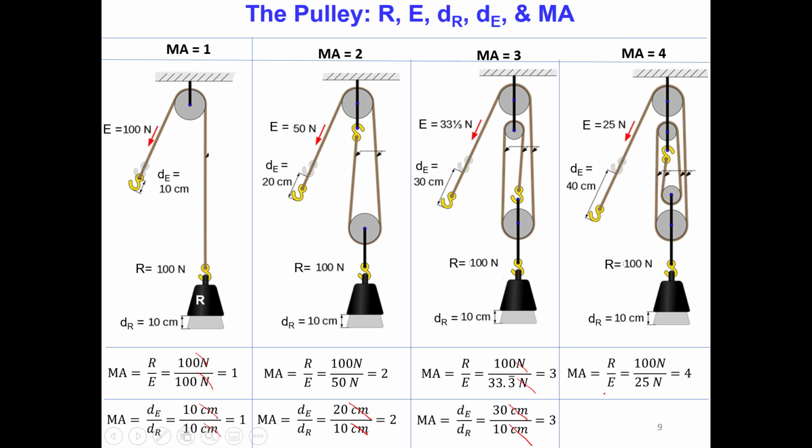Now to calculate the experimental mechanical advantage, one way is to divide the resistance by the effort, and we expected 4. The other way is to divide the distance of the effort by the distance of the resistance, and you will also get 4. This is how we can correlate all these variables.